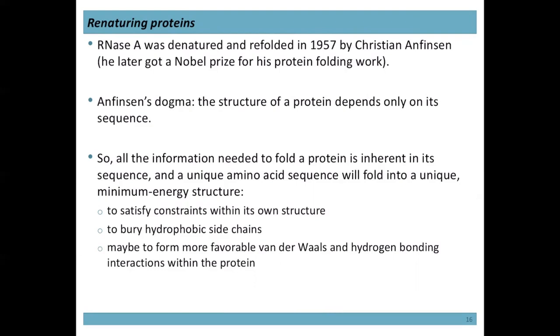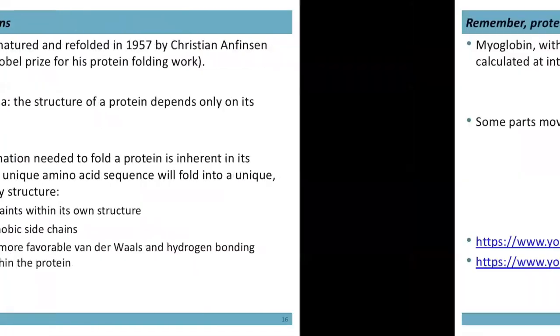And it does this to satisfy constraints within its own structure, meaning it needs to deal with its phi and psi angles, and it only has limited access to those angles. It wants to bury the hydrophobic side chains and form more favorable van der Waals and hydrogen bonding interactions within the protein. So the sequence will help it fold up into the structure.